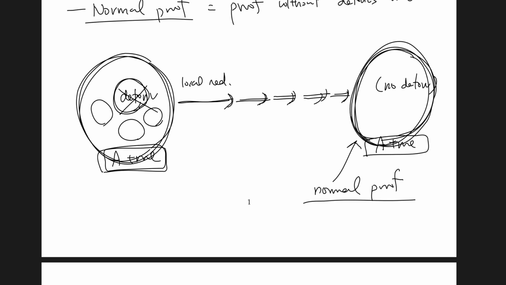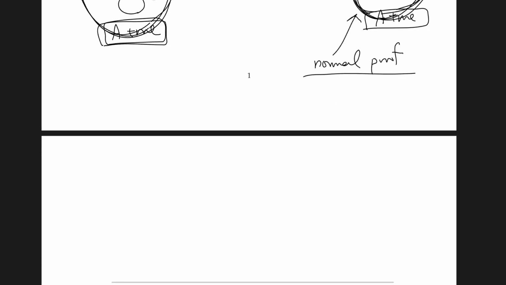So let's take a look at the pattern of normal proofs, what it looks like. A normal proof has no detour in it. So in order to prove, let's just say C true, we would apply introduction rules and keep moving upward.